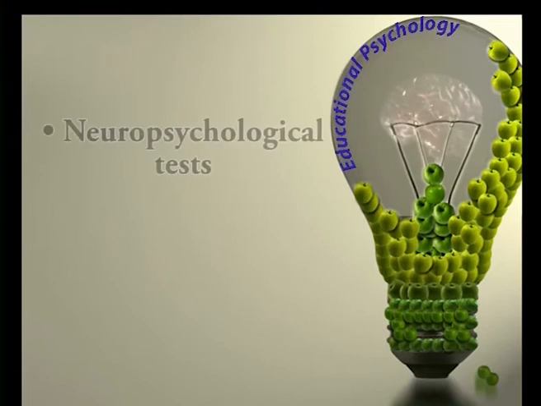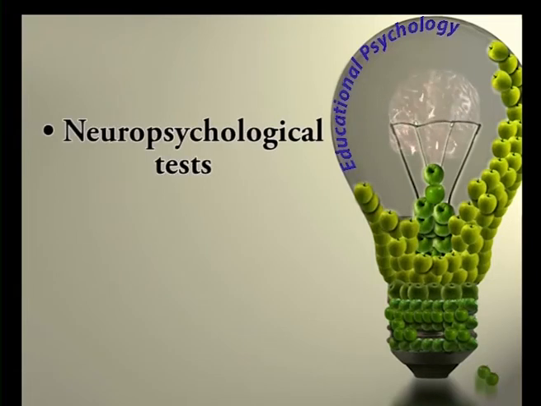What are neuropsychological tests? Children and adolescents who have experienced a traumatic brain injury, brain damage, or other organic neurological problems are administered neuropsychological tests to assess their level of functioning and identify areas of mental impairment.